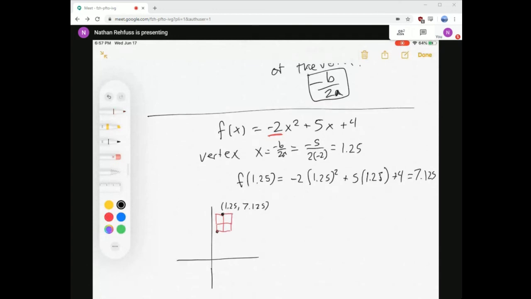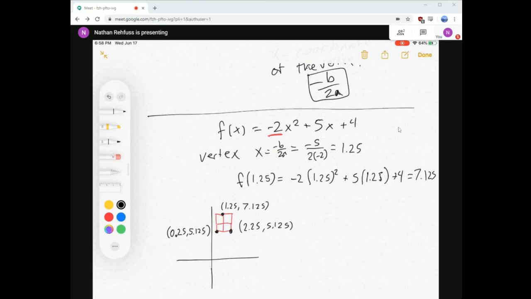So 1 to the left or right means I could go up to 2.25, or, oh, I need more space than that, or down to 0.25. And then down by 2 means I go down from 7.125 down to 5.125. So I can plot those 3 points, and from there it should be pretty easy to draw the rest of the curve.